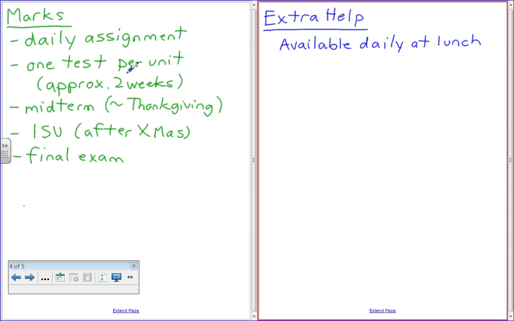As well, it's daily in the mornings, about 8 o'clock. I get to school at 8 o'clock in the morning. If you come before school begins, no one will be here. There are very few students in the class before about 10 to 9, so we'll do that. And as well, I'm available after school on request.